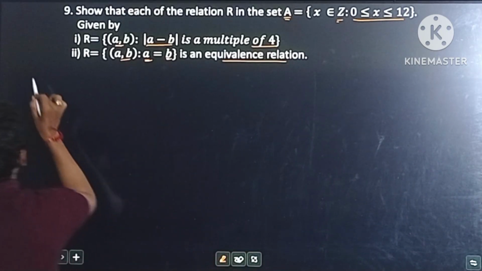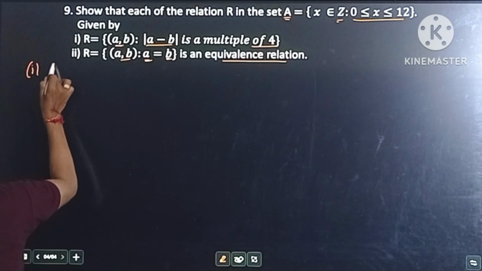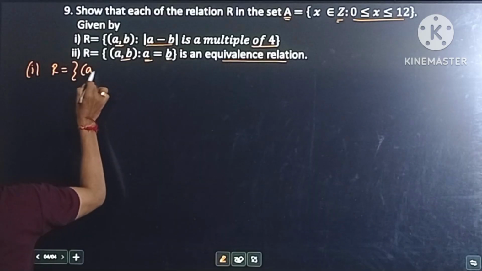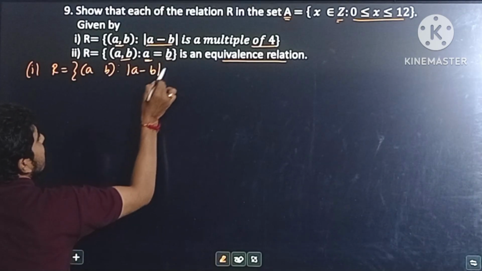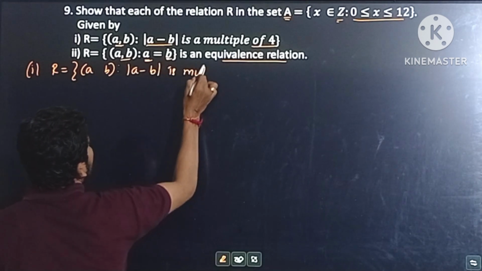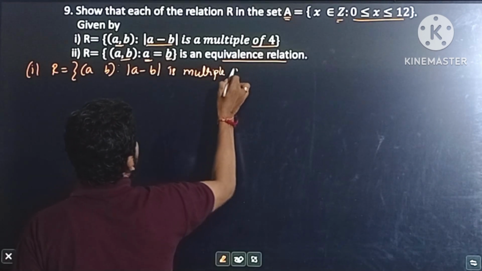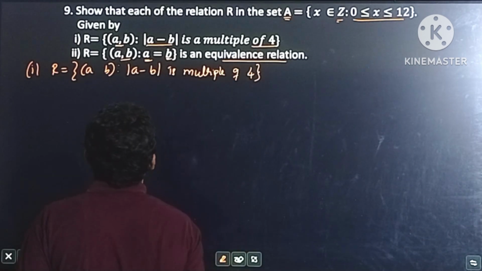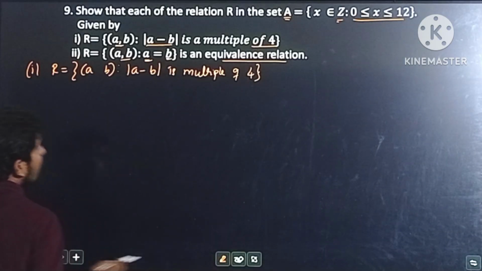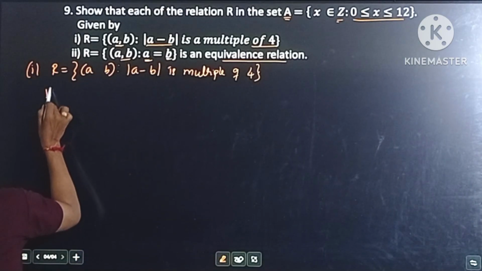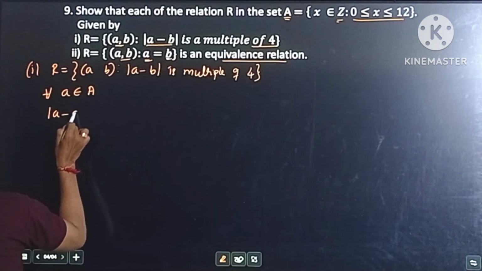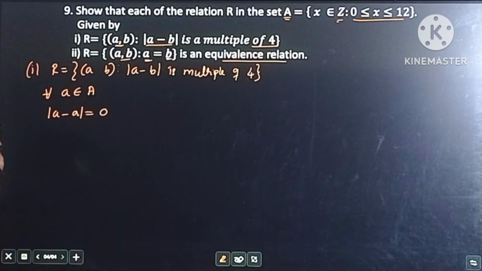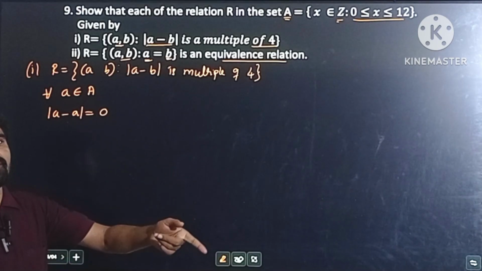So let's start with the first one. Here the first relation is R equals AB, where the relation between A and B is modulus of A minus B is a multiple of 4. Now for the reflexive relation, for all A belonging to the defined set A, we know that modulus of A minus A is equal to 0, and 0 is a multiple of every number.